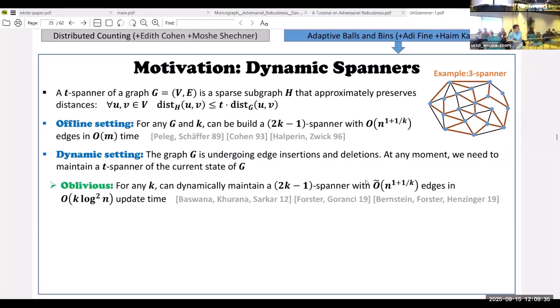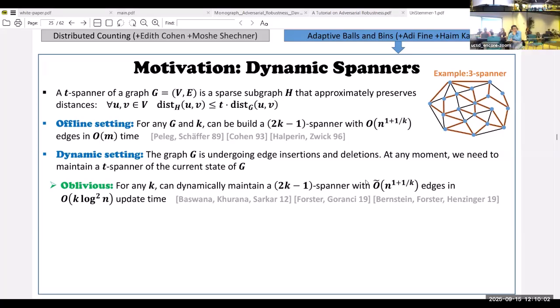What happens if the sequence of edge insertions and deletions is fixed in advance? So we're in the oblivious setting. Basically, there are some lower order questions still left, but basically problem solved. For any K, you could maintain a spanner with that stretch with roughly optimal size in terms of the number of edges in the spanner that you're maintaining.